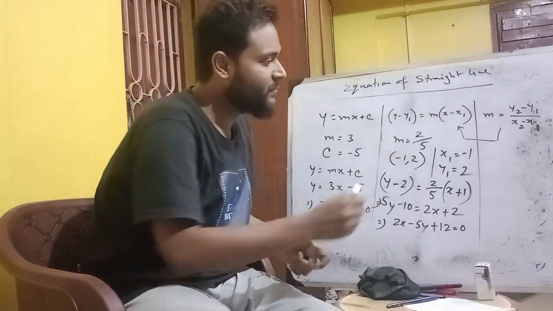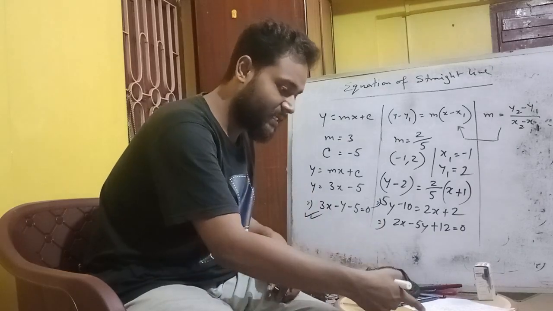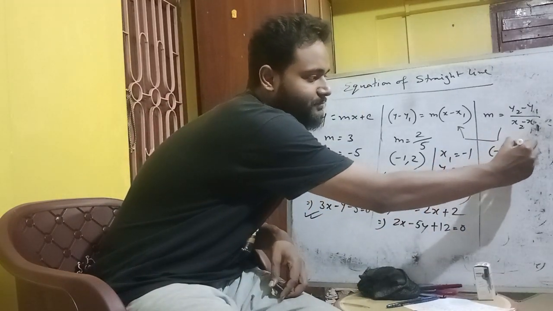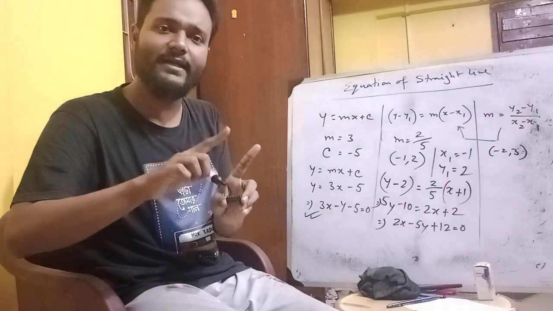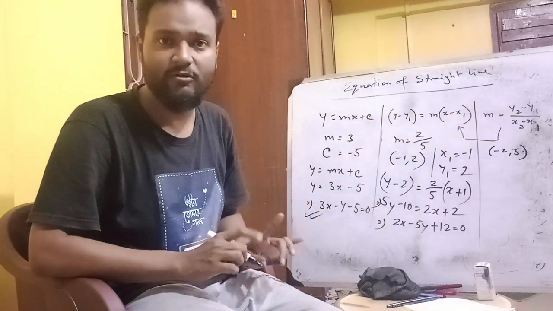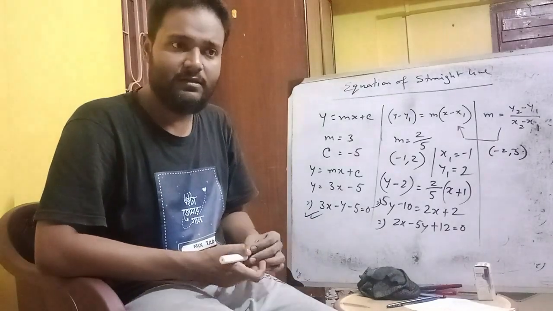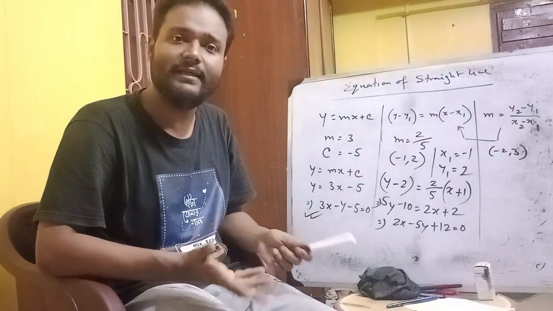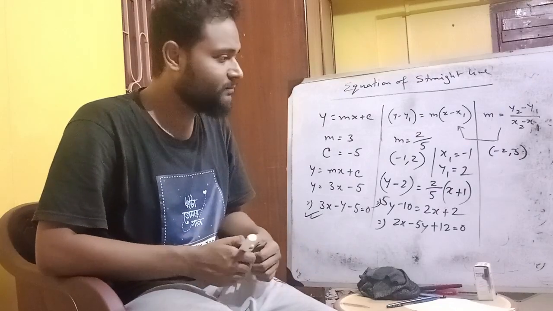This is the formula. So next sum, that is 2 points are given, minus 2, 3. So this will be x1 y1, minus 2 x1, 3 y1. Next, x2 y2 may be given directly or indirectly. How?